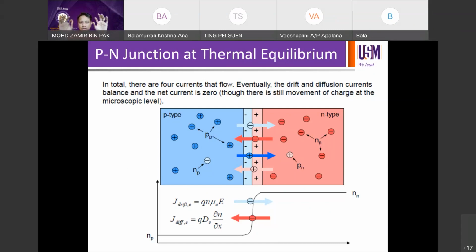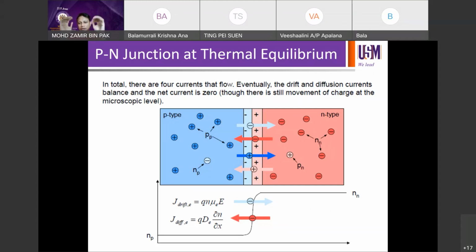Originally atoms, but due to the loss of electrons, they become positive charges, fixed. Due to the loss of holes, they become negative ion charges, fixed location. So this will give rise to electric field and therefore QVBI, the barrier. And the VBI there is actually the built-in voltage.